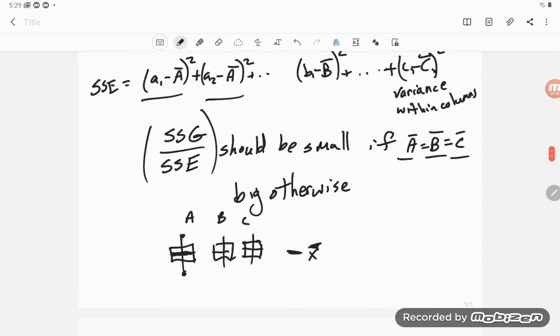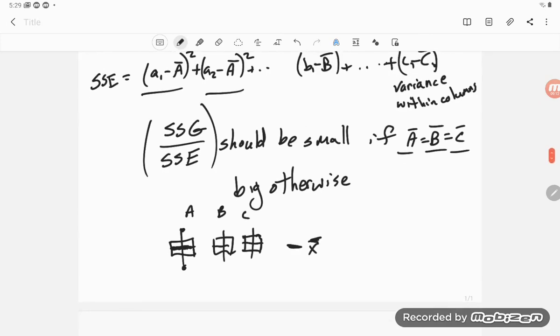Now again, it's a weighted average kind of thing, so it's not exactly the way it works, but I would expect the differences in A bar minus X bar and so forth to be smaller than the differences between various values in A and its mean. Okay, that's what's going on.